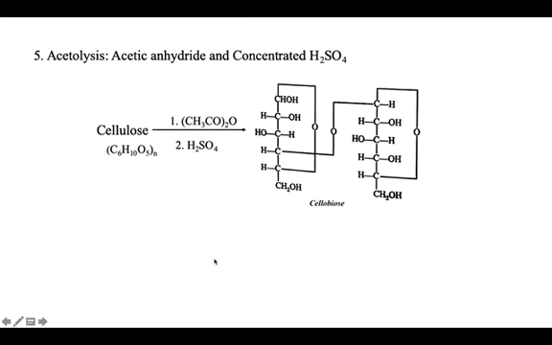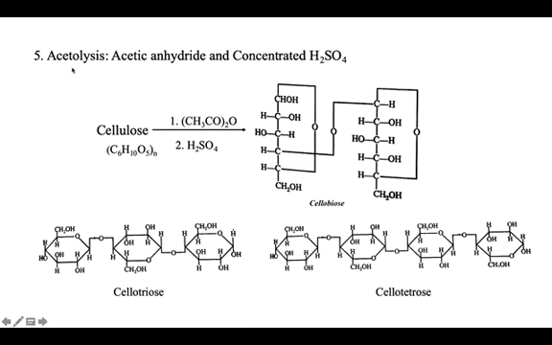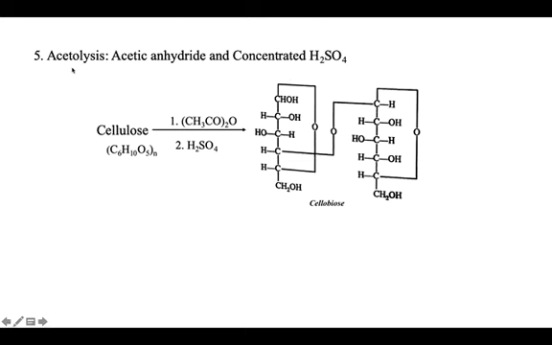Now, another experiment that has been done to know the structure of cellulose was acetolysis. Acetolysis is a process in which we are doing acetylation followed by, or simultaneous with, hydrolysis using H2SO4. So we are doing the acetylation using acetic anhydride, and the hydrolysis simultaneously using sulfuric acid.